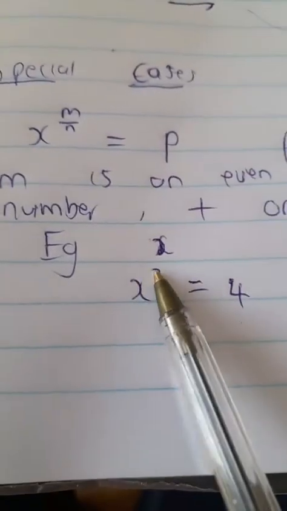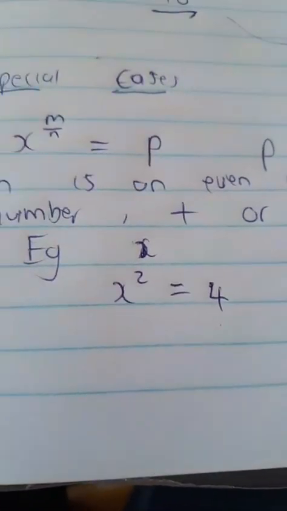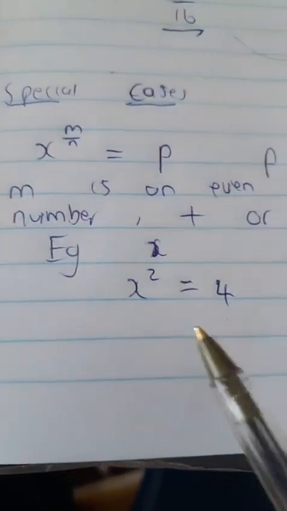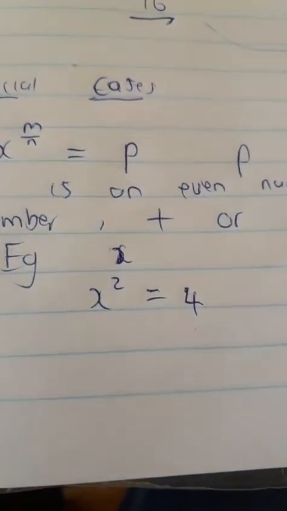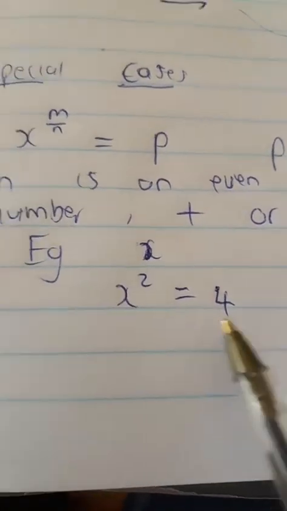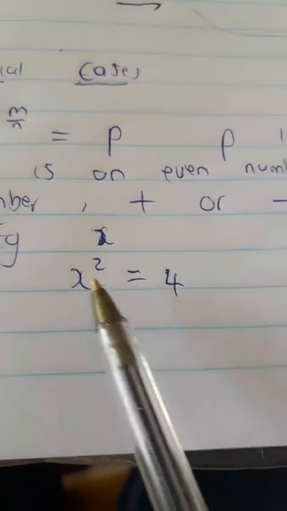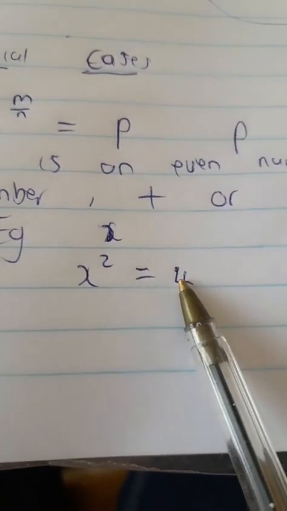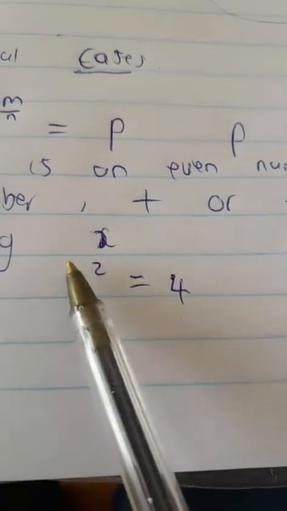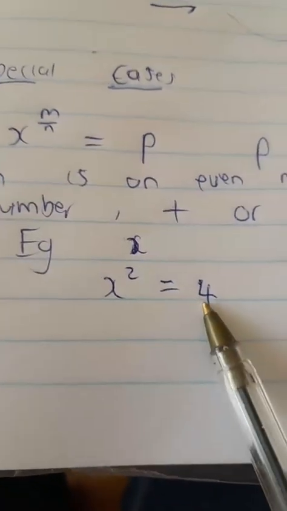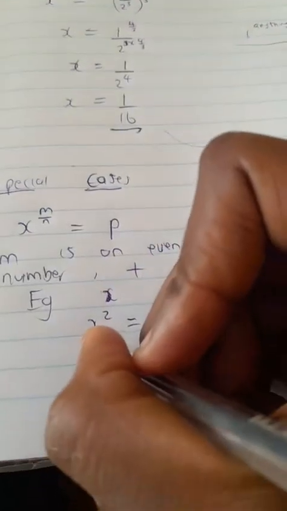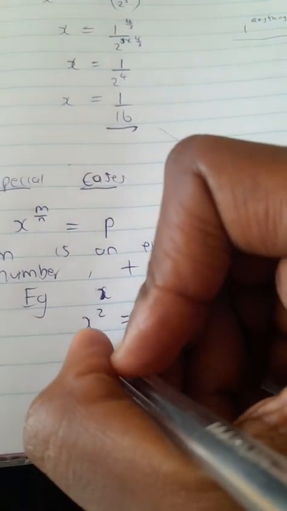So an even power of any number, positive or negative, is positive. Okay, so x squared is equal to 4. If we were to solve for x here, what we need to note is the following.